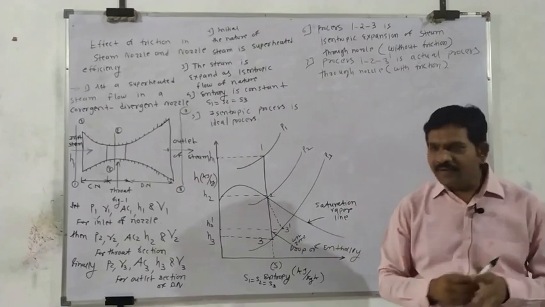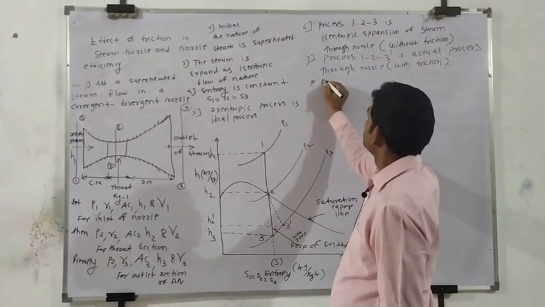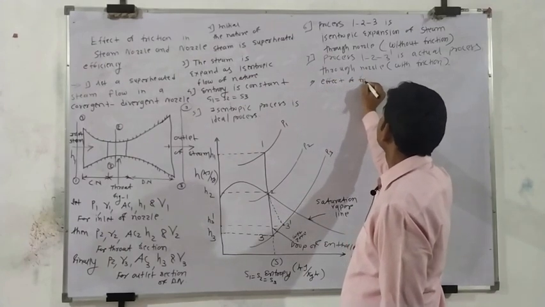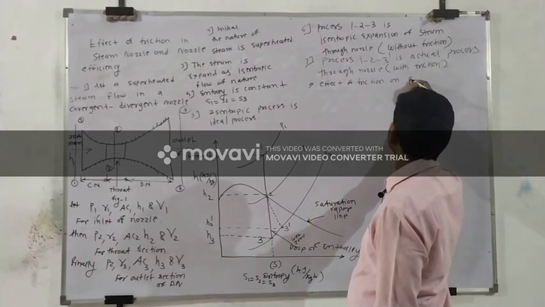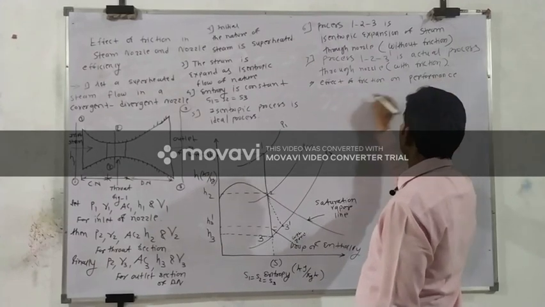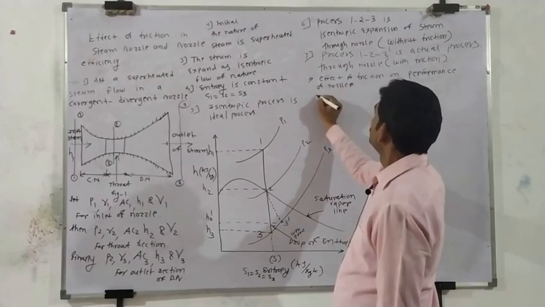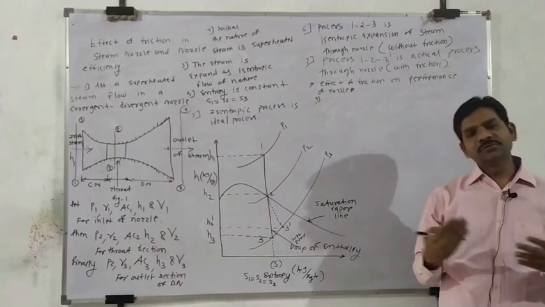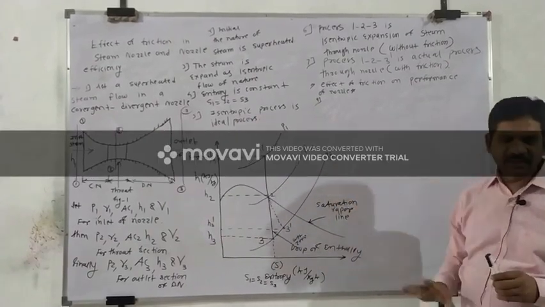So what is the effect of this friction on performance? Very important. What is the effect of friction on the performance of the nozzle? What do we observe here when there is friction? Very easily, what is the reduction in the enthalpy drop?